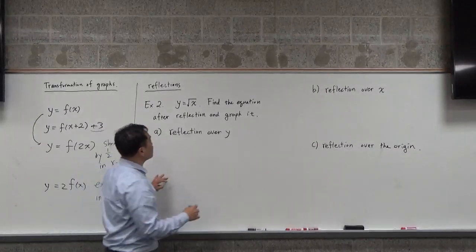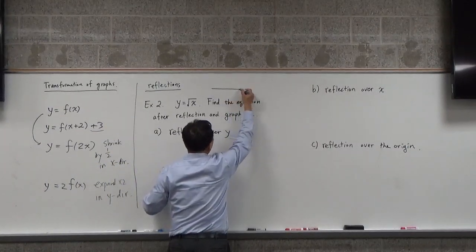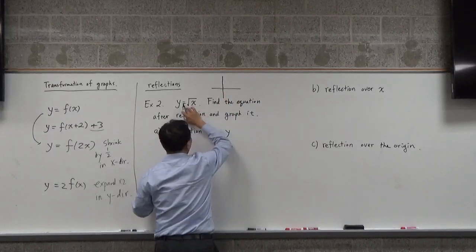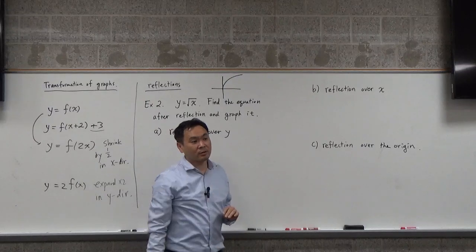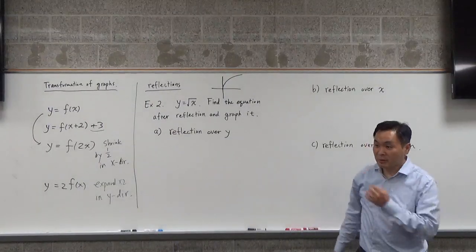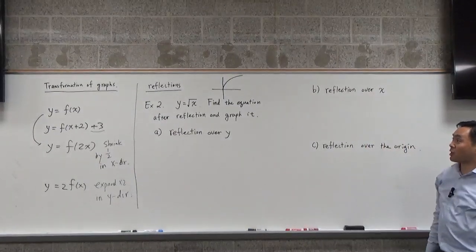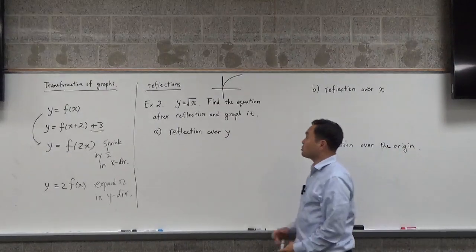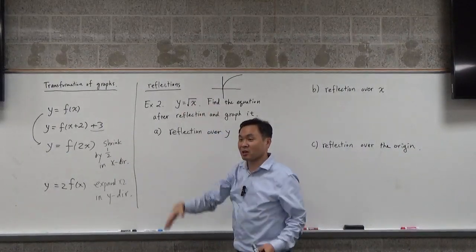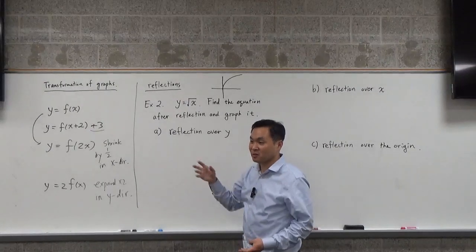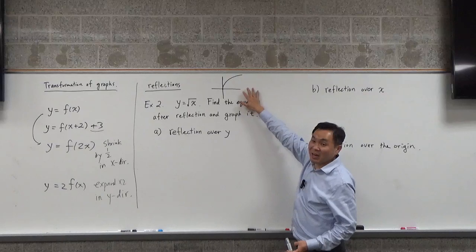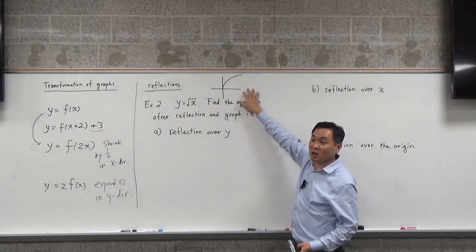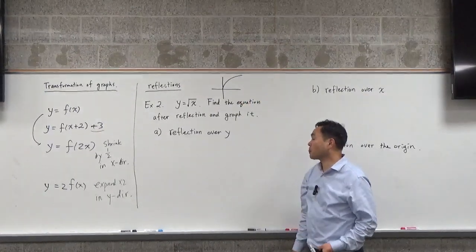To solve this question, you first have to know that y equals the square root of x has this graph. It's a half of a parabola. That's the graph of y equals the square root of x, which you can obtain by just making a table of values of x and y. At some point, you will see that that's the graph. So we'll just accept that as given. That will be the common knowledge everyone should know.